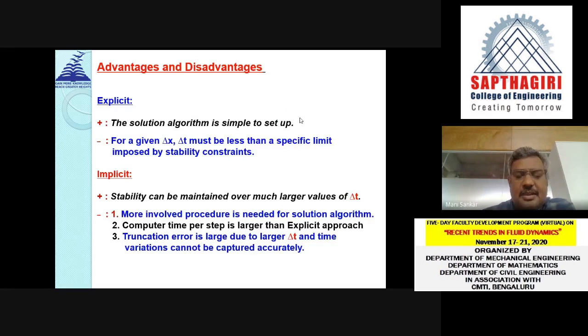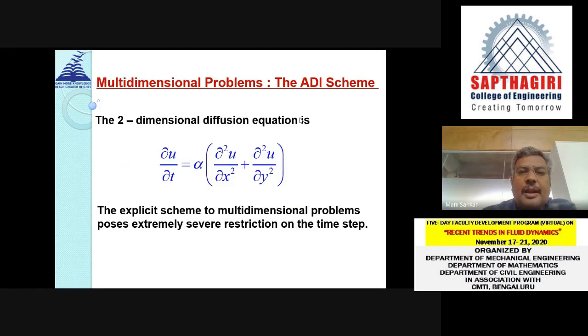So the implicit and the explicit methods have both advantages and disadvantages. That mainly depends on the severity of the time levels. Suppose you consider a two-dimensional equation.